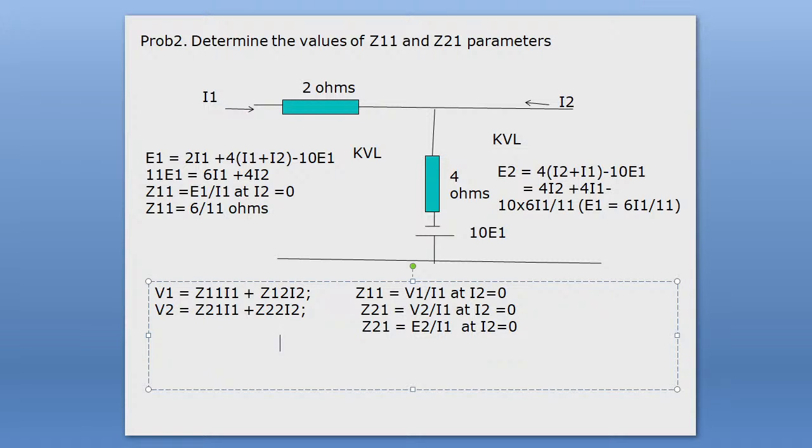Therefore, Z21 equals, you just simplify it, then you will get minus 16 by 11 ohms.